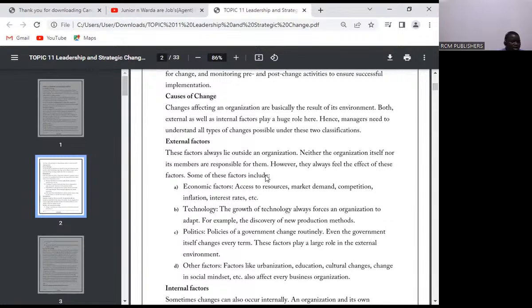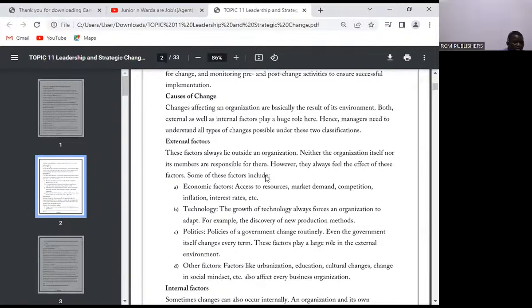If you can recall our topic on environmental analysis, we say that we have the external factors which originate from outside the entity. In that case, they are outside the domain of the managers' control. Managers can do nothing about them.